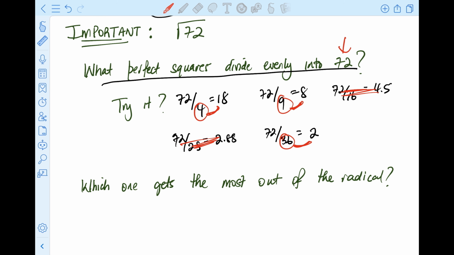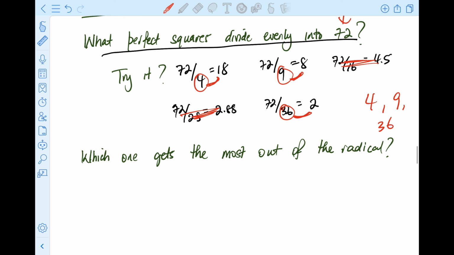The 3 perfect squares are 4, 9, and 36. Here's the question. Which one gets the most out of the radical? Well, the one that gets the most out of the radical is 36, right?